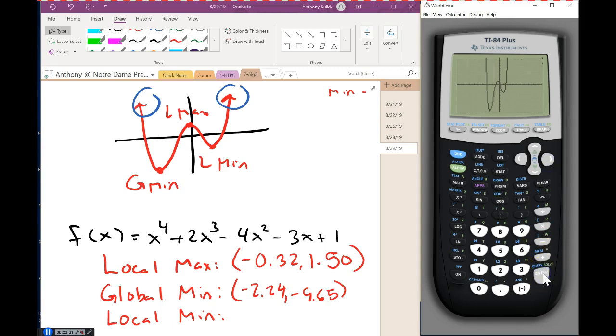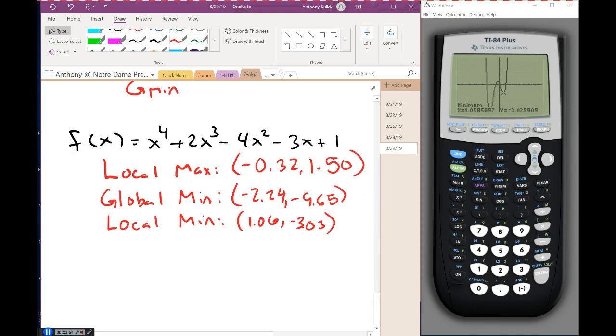Guess anywhere I want. There we go. 1.06, negative 3.03. You rounded the wrong direction. Everybody feel okay on using the calculator?